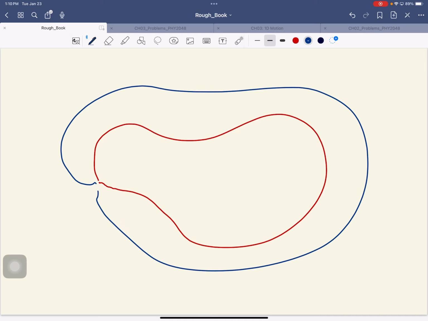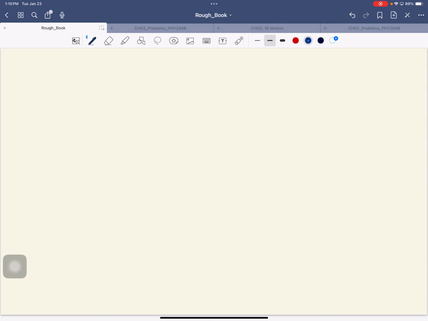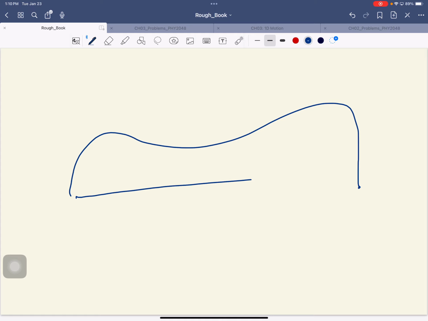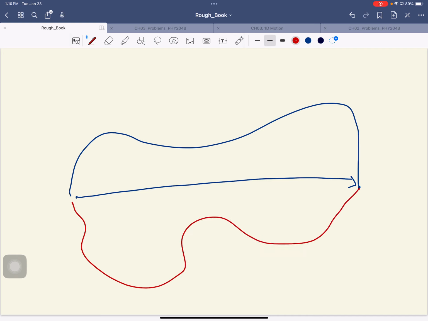What is the displacement vector now? 0 vector. What is the displacement vector? This guy, right? What is the displacement vector? Same vector. So you see, infinitely many different paths can have the same displacement vector.